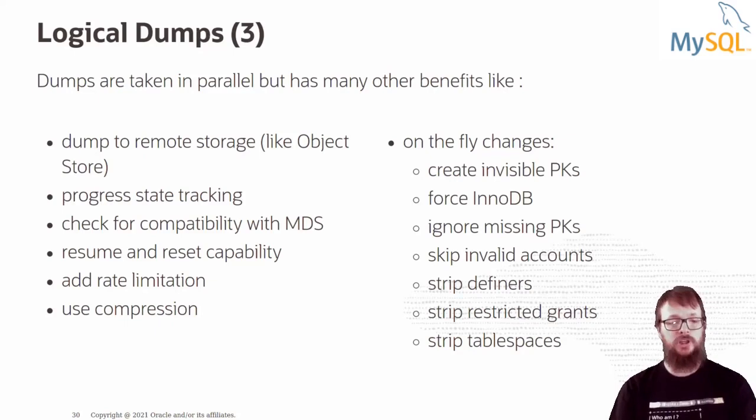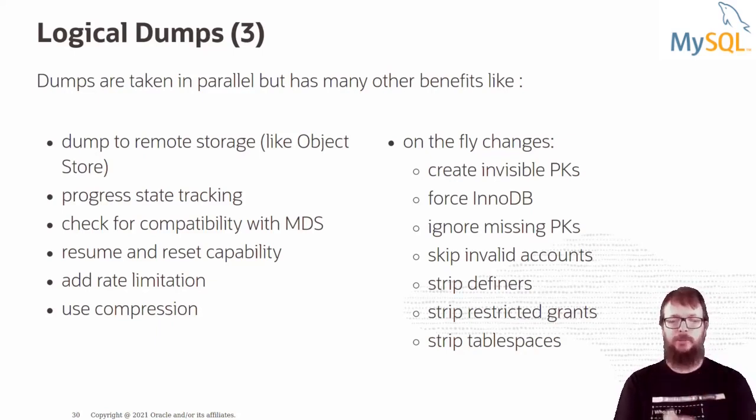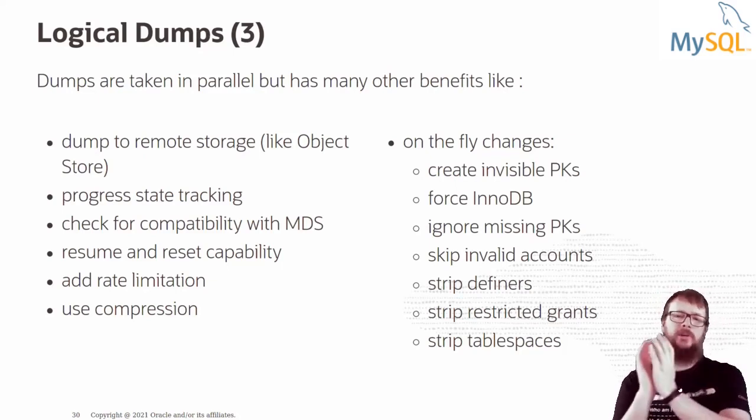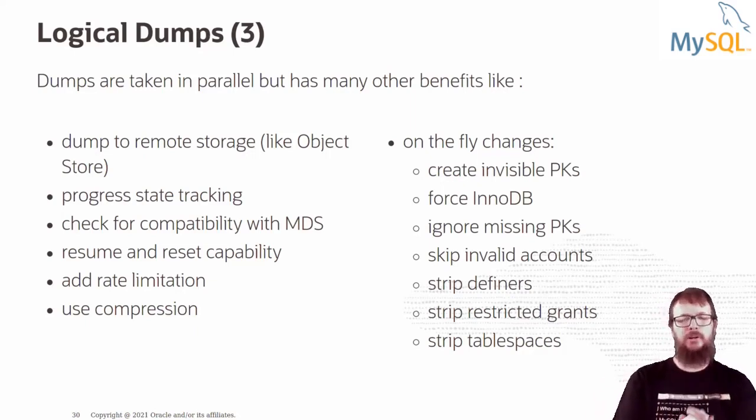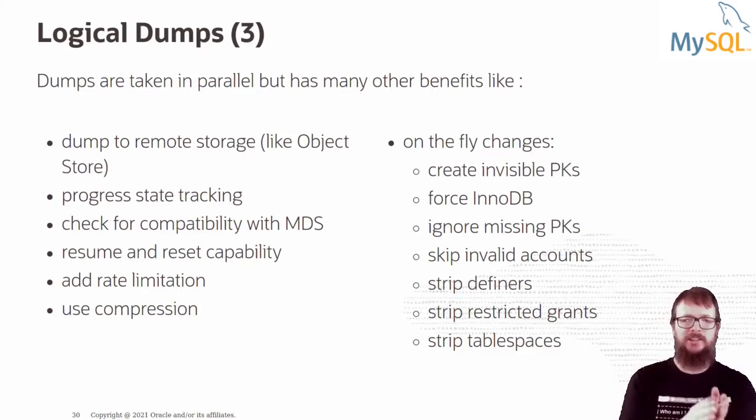You can use compression, and when you take a dump, you can also make some changes on the fly, like creating invisible primary keys. This is wonderful. If you decide to take a dump to migrate to MDS, and on MDS you want to enable HA where primary keys are mandatory, you can enable the creation of these invisible primary keys.